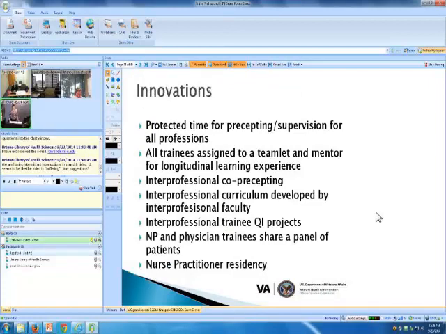So what have been some of our innovations? We have gained protected time for all precepting and supervision for all professions, and this was huge for the NPs. If you think of the physician training model, that attending physician is not running around seeing patients while they're precepting and supervising the physician resident, right?